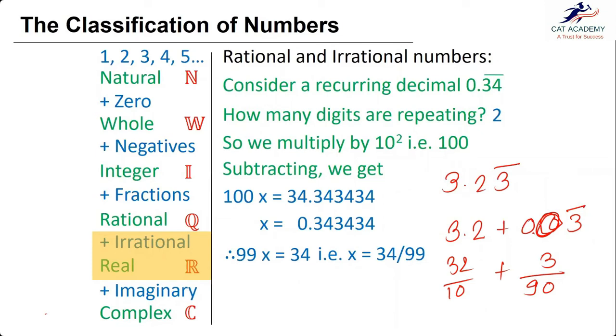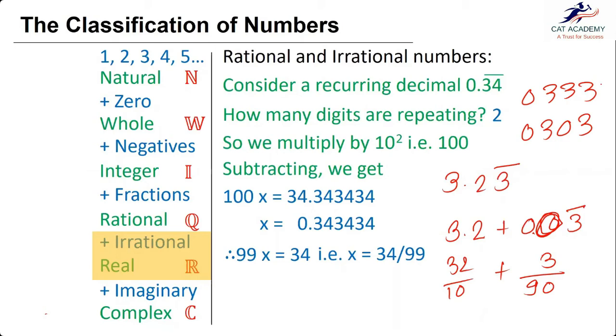See, it's not repeating like 03, 03, 03. It's 0, 3, 3, 3, 3, 3. So that means there should be only 1 in the denominator. But since it is not 0.33 direct, it is 0.03, an additional 0 is there. So to compensate for that 0, I need to add a 0 in the denominator also. Why not 99? Because it is not 0303. It is 0333.